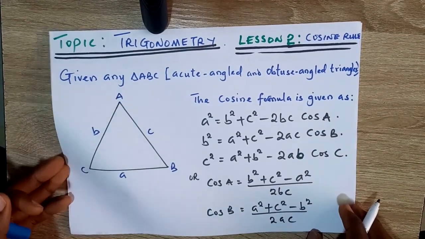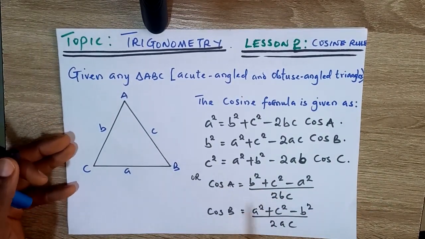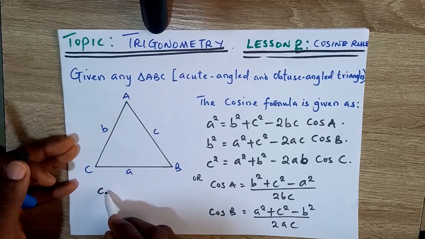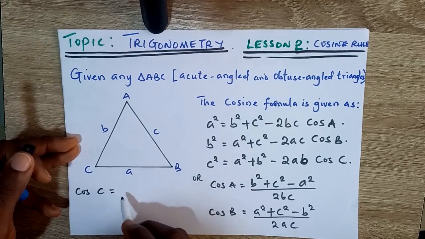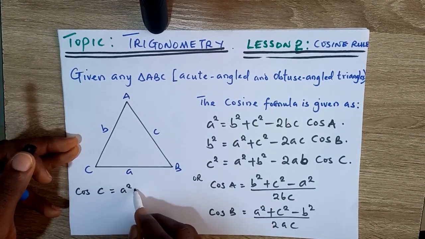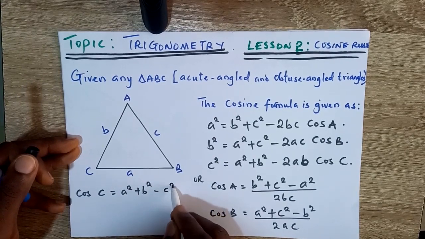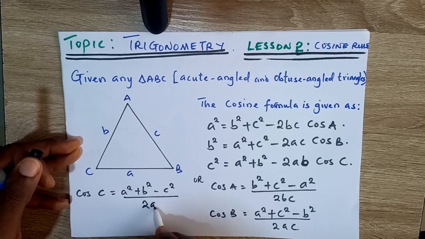Lastly, if we need to calculate the angle at C, we have cos C as a squared plus b squared minus c squared, all divided by 2ab.